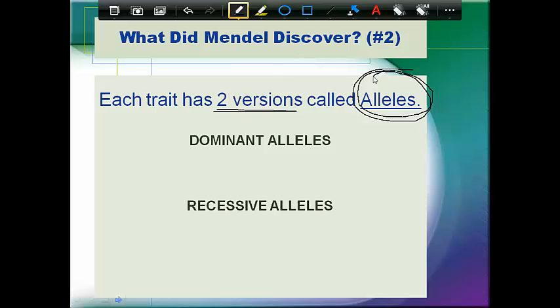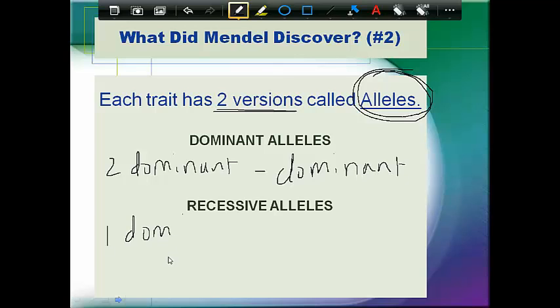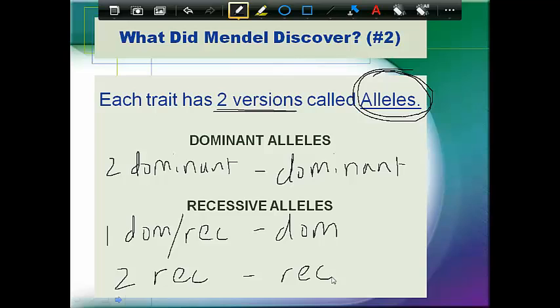Two dominant alleles, and the trait looks dominant. One dominant and one recessive, and the trait looks dominant. Two recessive alleles, and the trait looks recessive. Those were the kind of rules that he came up with.